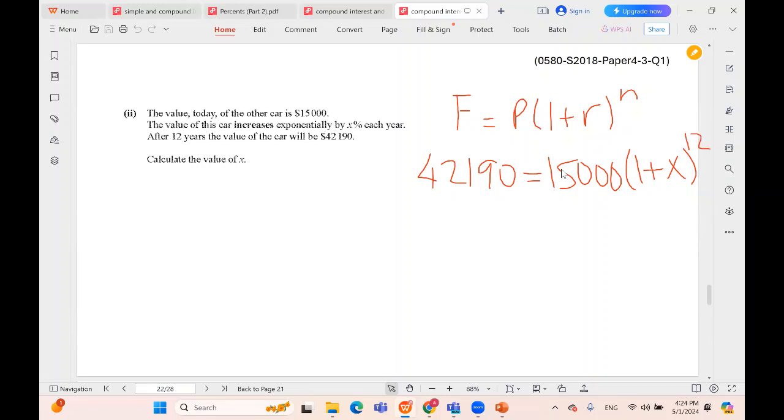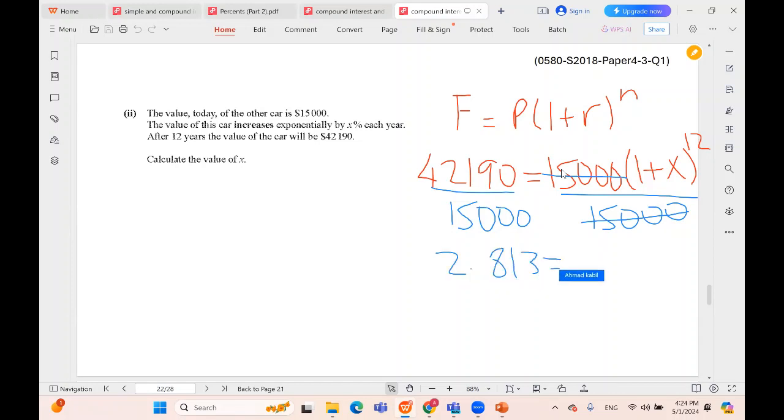So we divide both sides by 15,000. These will cancel out, and we have 42190 divided by 15000. So this is 2.813 equals 1 plus X to the power of 12. You can raise both sides to the power of 1 over 12.